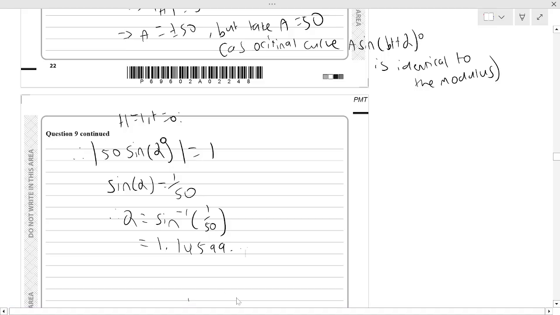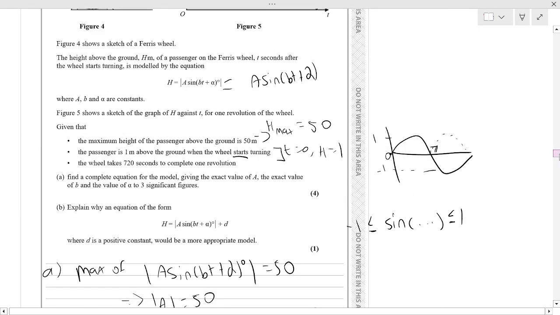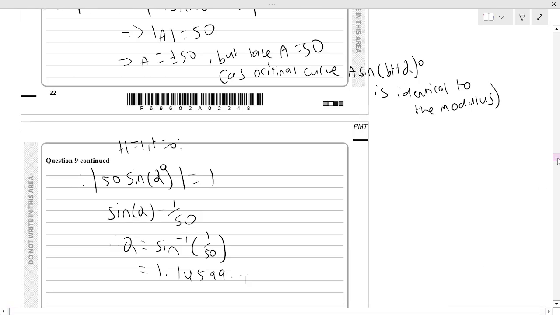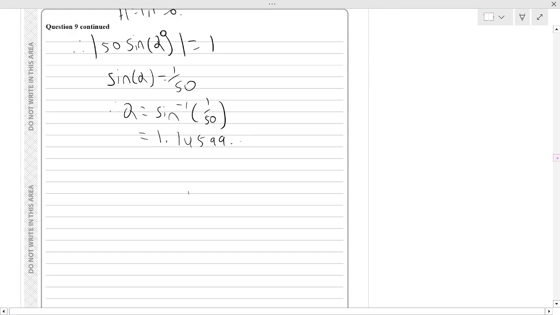But do we need to leave that exactly somehow, or can we round it? Let me have a look. I think it's rounding, right? Alpha to 3 significant figures, I reckon. So we could round that then. So to 3 sig figs, that's 1.15, right?